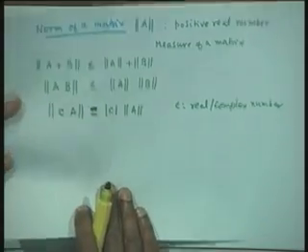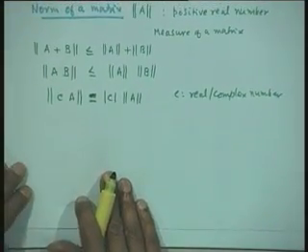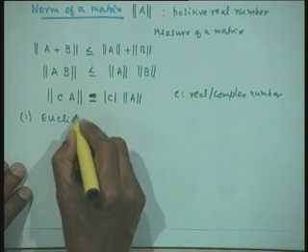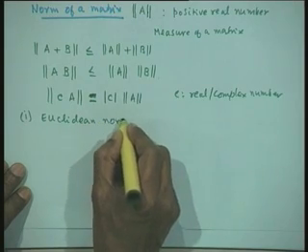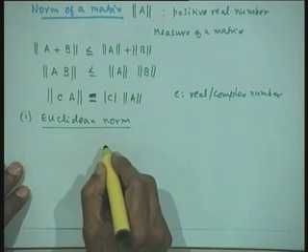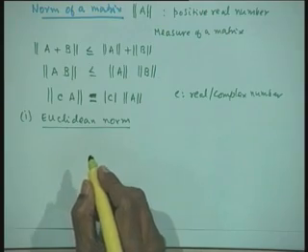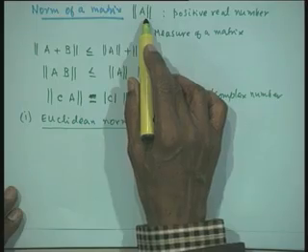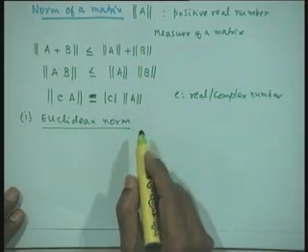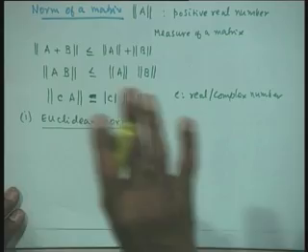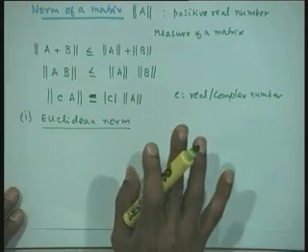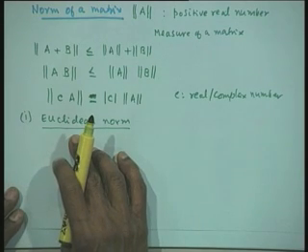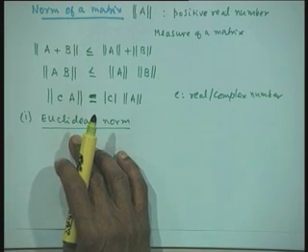Now, let us see what are the measures that we can give for this, what are the norms we can give. The first norm is called the Euclidean norm. What is the Euclidean norm? We are talking of a general matrix, meaning a real or complex matrix. Therefore, what I will do is take the magnitude of all the elements, square them, add up, and then whatever number you get, take the square root of that. That is called the Euclidean norm.